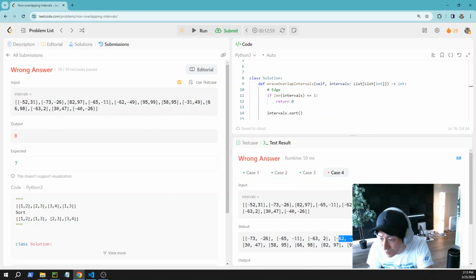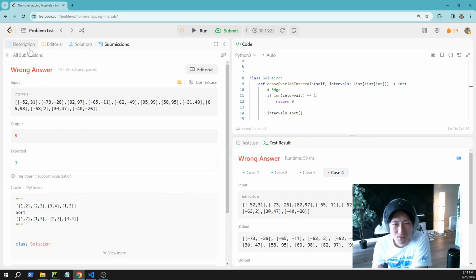This is also overlap. This is overlap. This is overlapped. This is also overlap. It's supposed to be 8. It's supposed to be 8. What?